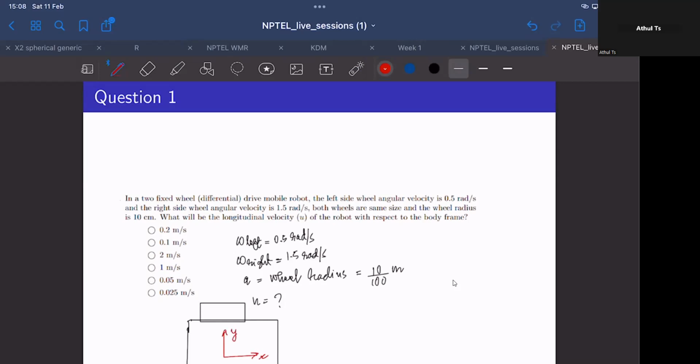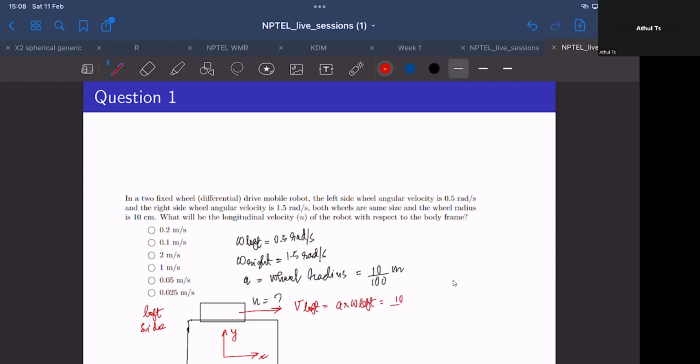So if I consider this to be the left side, as per the convention, and this would be the right side, we have been given the angular velocities of each of these wheels. If that is the case, then what are the linear velocities at the wheels? Linear velocity V left would be A times omega left.